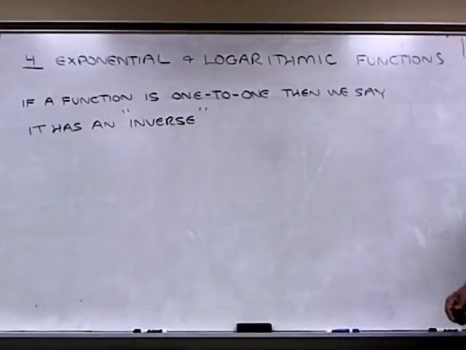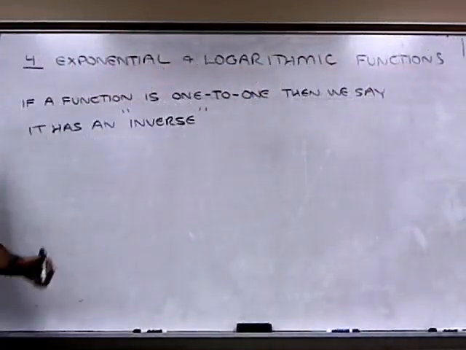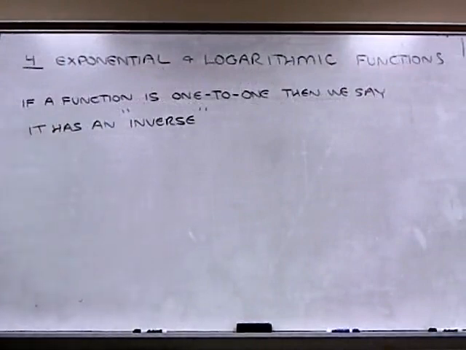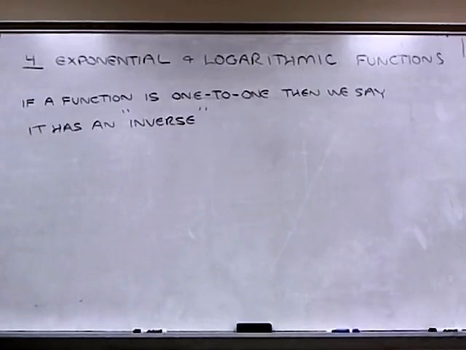So if every input goes to exactly one output, and every output comes from exactly one input, so I draw those lines that go straight across, or if I draw horizontal lines and only hit once, then we say the function has an inverse. All right? Make sense? Okay, so that's just language.